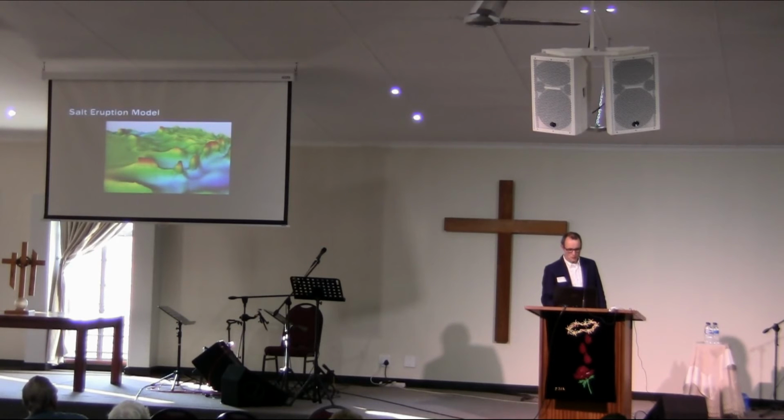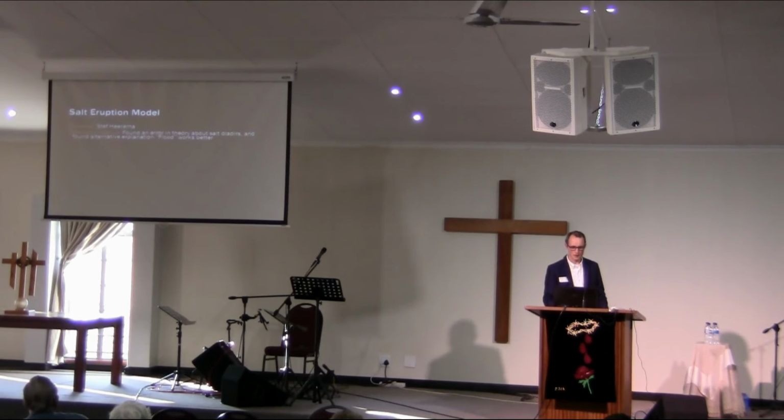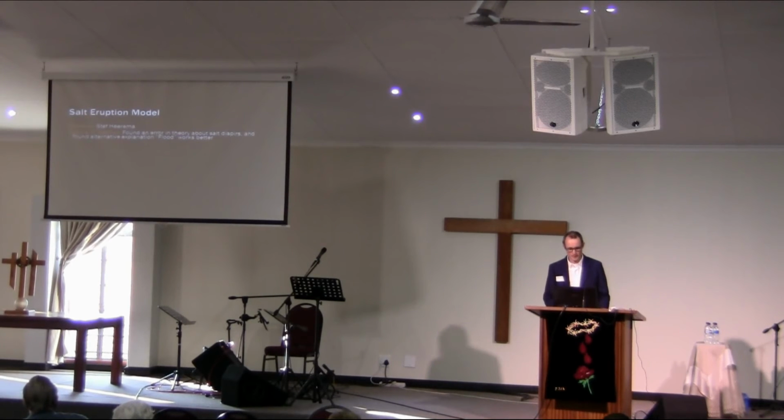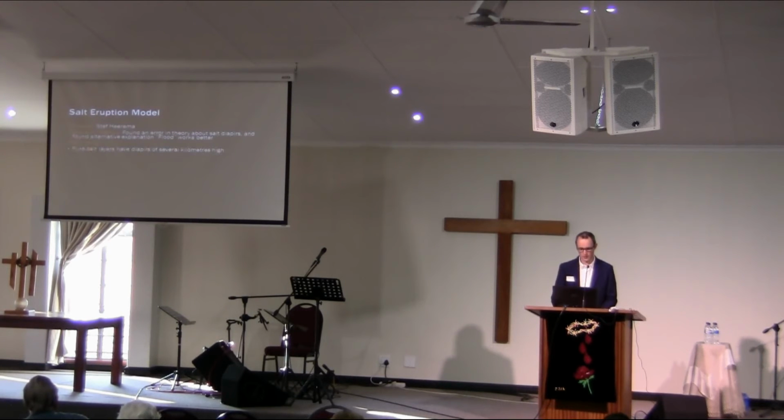Next one is a smaller model. It's about salt only. Someone I know, Stef Hirma, I know personally. Well, he found an error in the standard explanation for these salt layers, and he has an alternative explanation in which the flood works better.